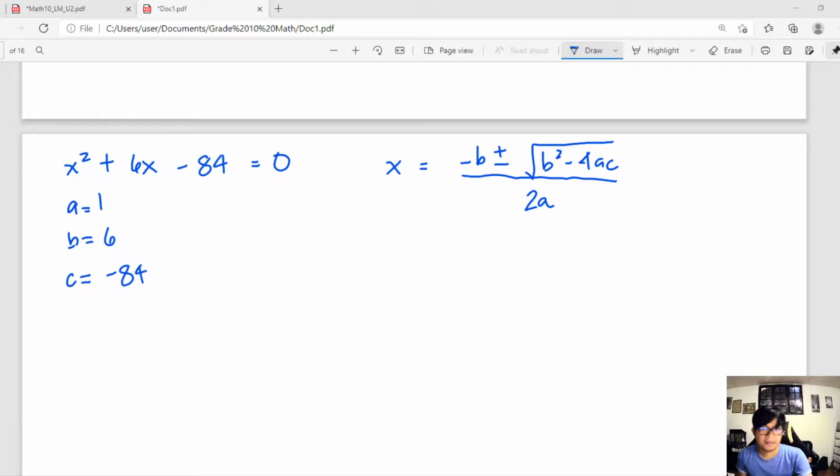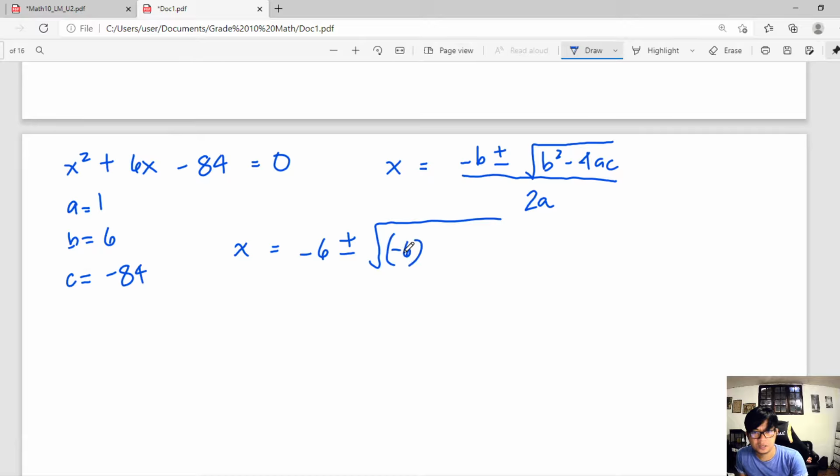So we have x is equal to, our b is 6, so negative 6 plus minus square root of negative 6 squared minus 4 times our a, which is 1, times our c, which is negative 84, all over 2 times 1.